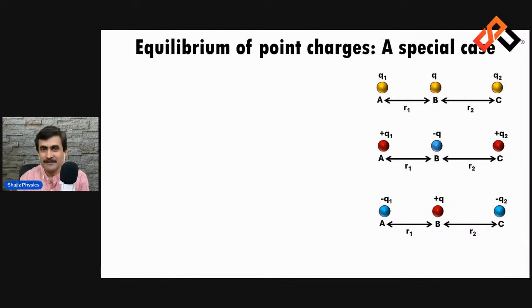And what about the magnitude of that particular force? By the same Coulomb's law, 1 by 4 pi epsilon 0 into Q1 Q2 by R1 plus R2 the whole square, because the distance between Q2 and Q1 is R1 plus R2.